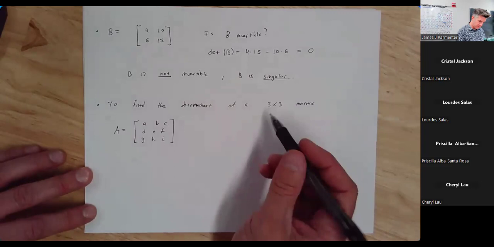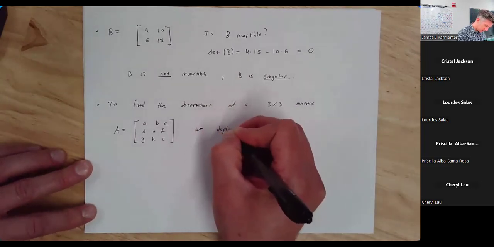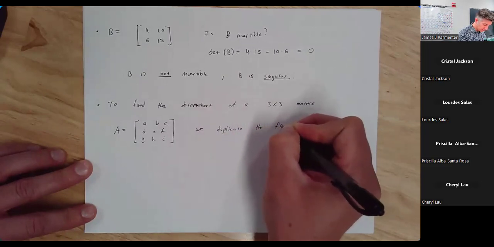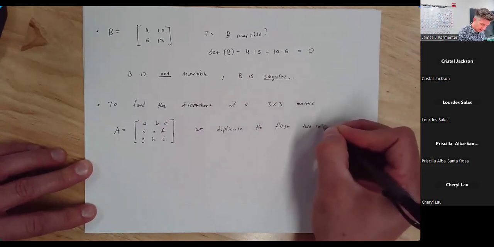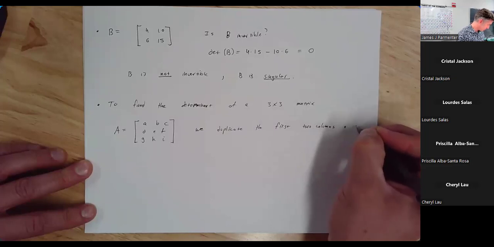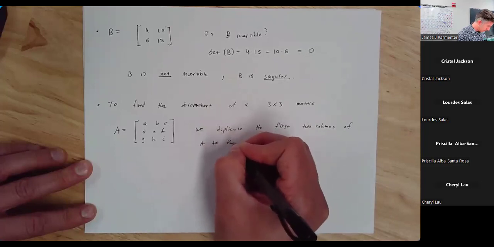To find the determinant of a 3 by 3 matrix, we duplicate the first two. You can actually do first two columns or rows, but we usually do it as columns. The first two columns of A, just to the right of A.